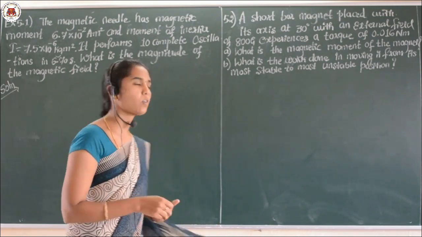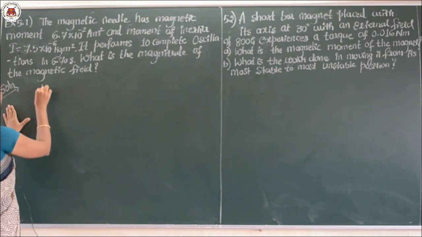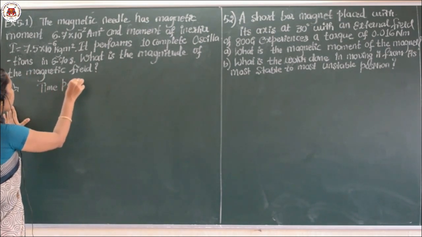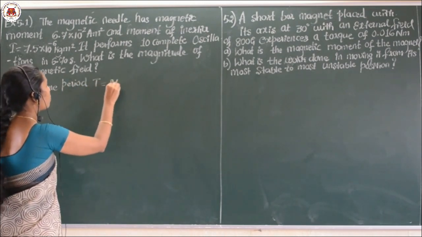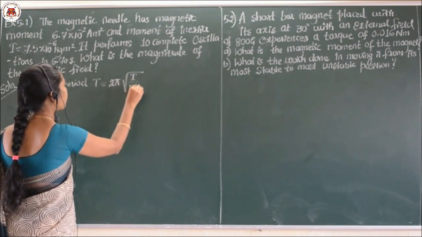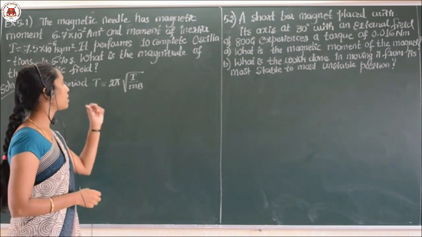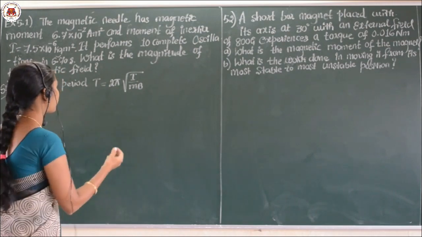Let us solve that using the formula. In the solution I use first the time period T is equal to 2 pi root of I upon mB. This you know. But now I want to remove this square root, so we need to square on both sides.